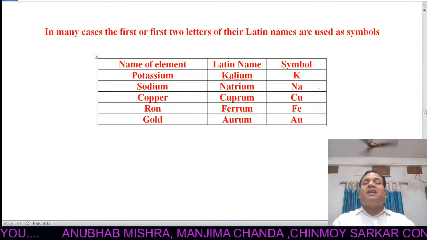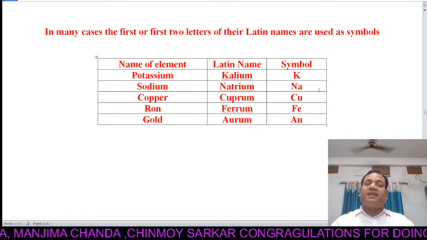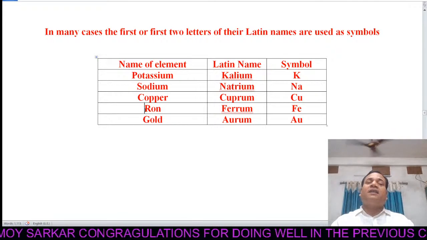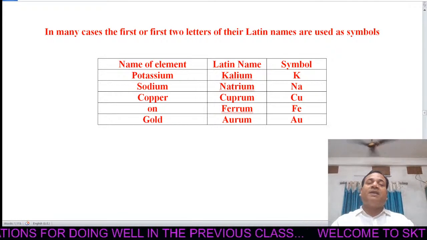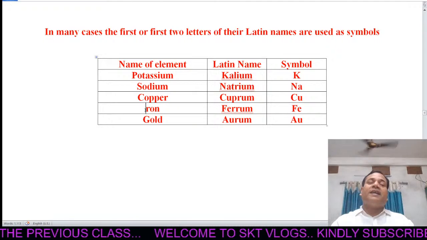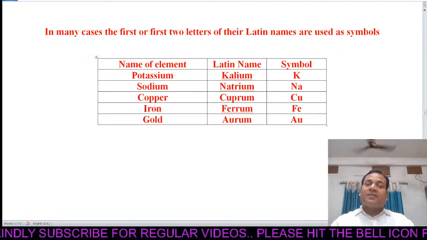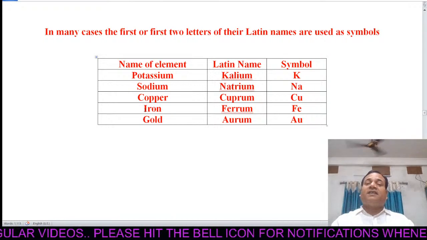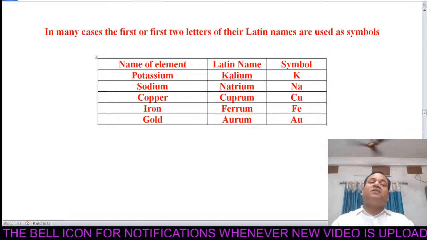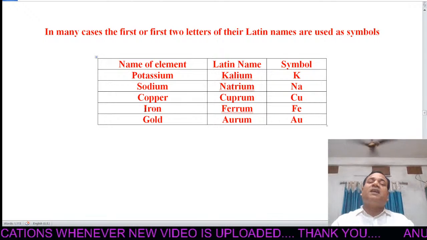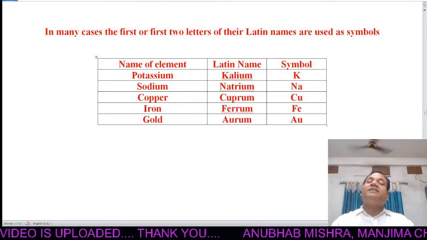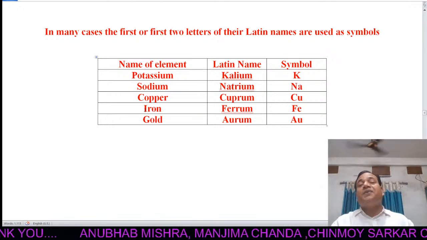And here it will be iron. Let me correct here. It will be iron. Typing mistake. The Latin name of iron is ferrum, and its symbol is Fe. If you see gold, it will be aurum and its symbol will be Au.